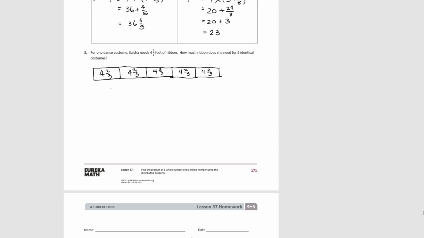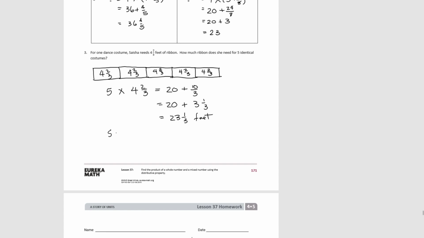Then as a number sentence, it's 5 times 4 2/3, which would be equal to 20, plus 10/3, which would be equal to 20, plus 3 1/3, which would be 23 1/3 feet.